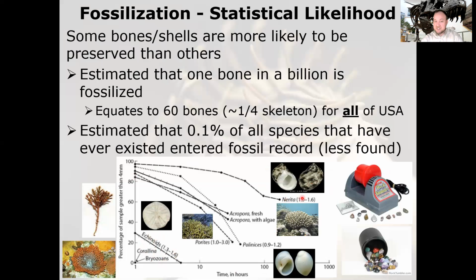More robust stuff like these gastropod snail shells, they stay together for longer periods of time. And again, this isn't dinosaur specific, but think of a dinosaur being transported down the river. Long, skinny bones, ribs, femurs, those will be broken relatively quickly. Jawbones, teeth, those things will be preserved, more likely claws. Hard parts will survive longer.